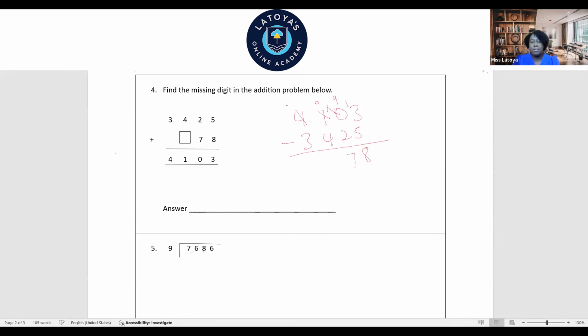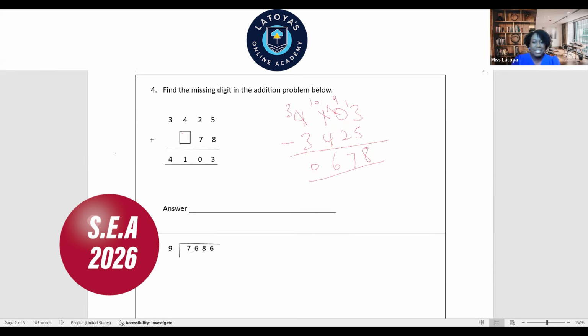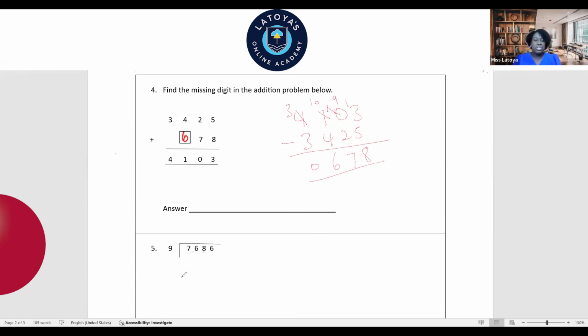We need to regroup again. 10 take away 4 is 6. 3 take away 3 is 0. So it's going to be 678.